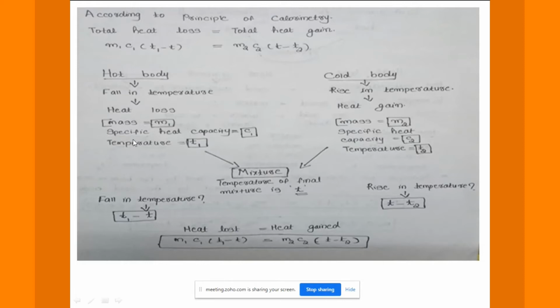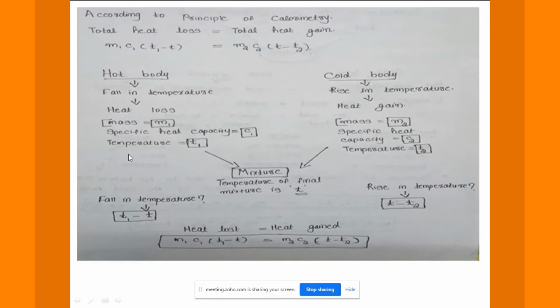If you have a clear idea how to take this m, c and t, you can easily solve the calorimetry based numericals. So I'm making it very simple here. When you're solving the numerical, for the hot substance you can make one column.